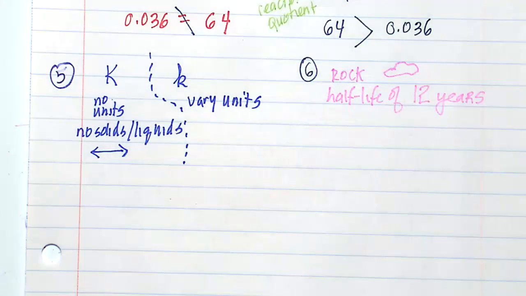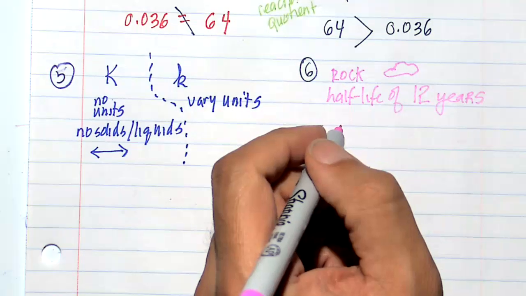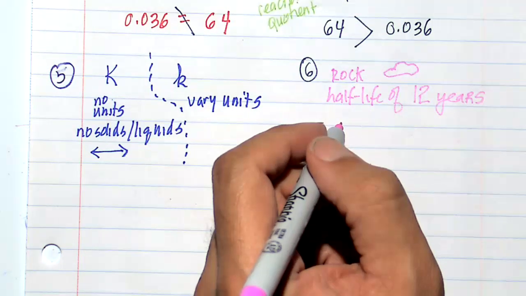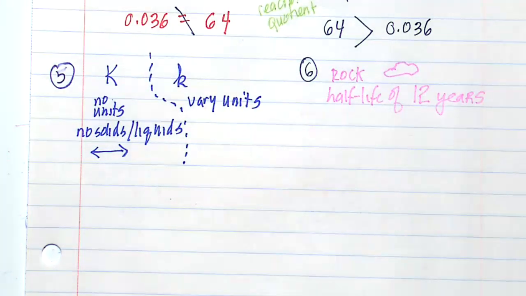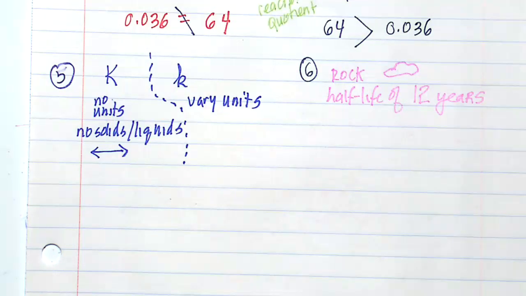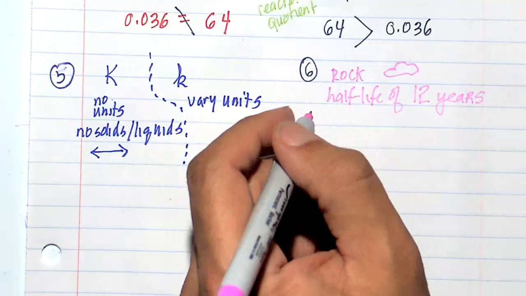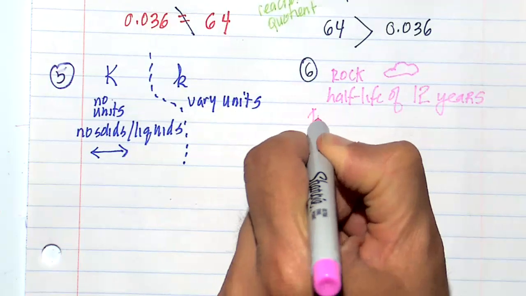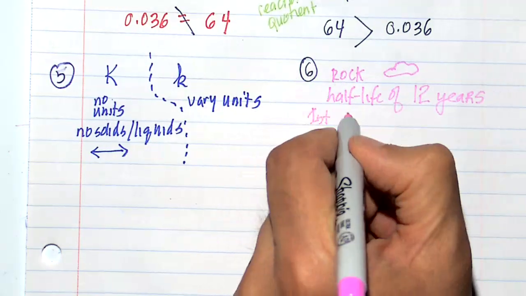Half of it, which is 50%. And how does it decay? It decays with a half-life of 12 years, but how? Is it zero order, first order, or second order decay? You see, that's also important. I will tell you in the problem that it's first order decay, just for kicks.